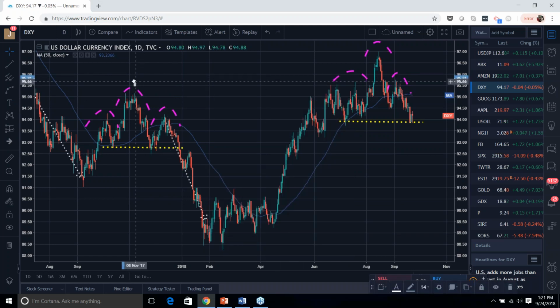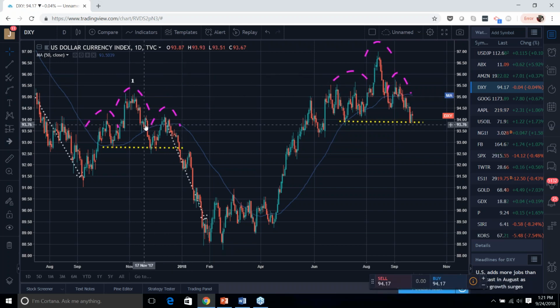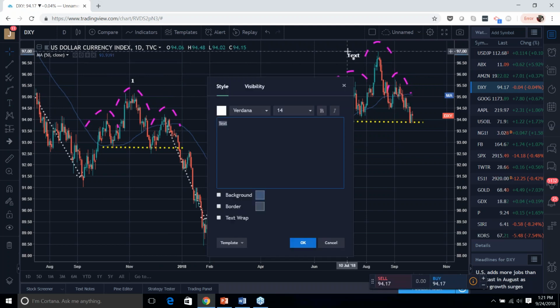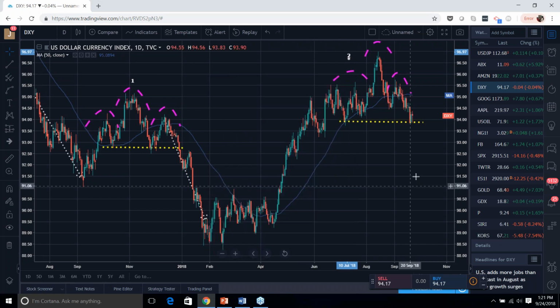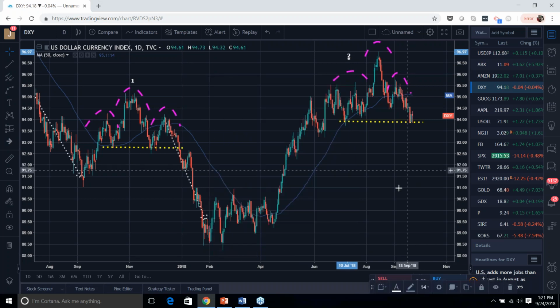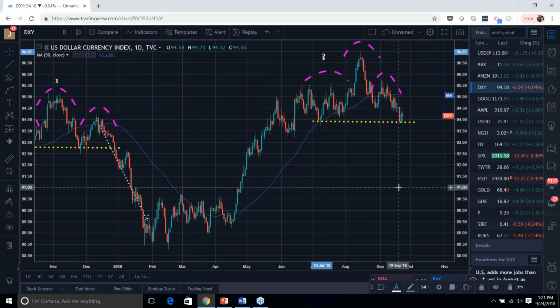Nice creative name for my pattern. This is from last fall. Hey, same time of year. Looks like it started up in September. And pattern number two actually started before then, really started over the summer. Again, I'm on a daily chart right now, but you can see the pattern kind of happen there.